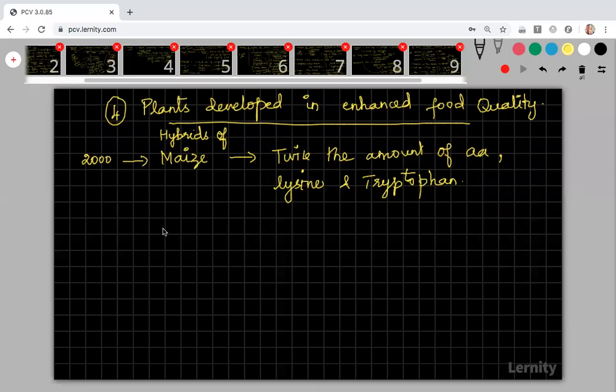Okay, and we have one biofortified variety in wheat. That wheat variety is called Atlas 66, and it has higher protein content than the normal wheat variety.